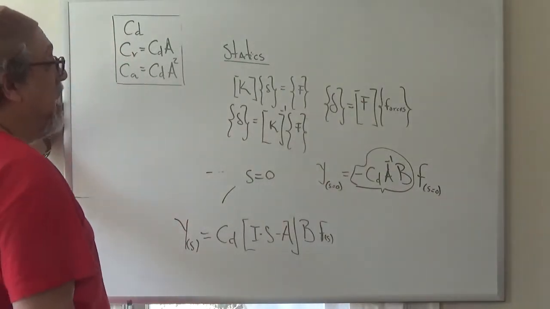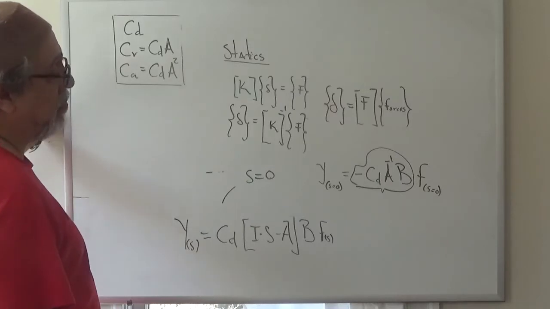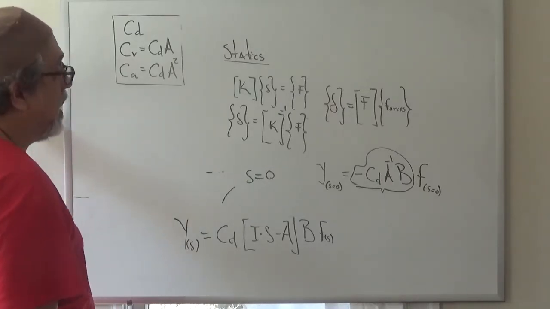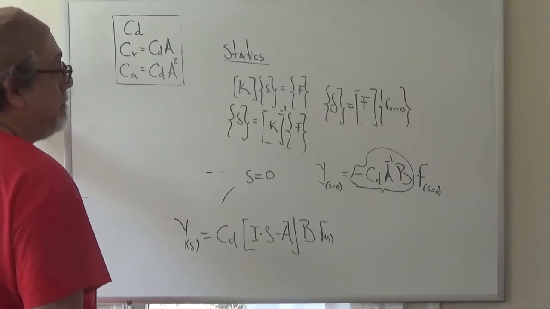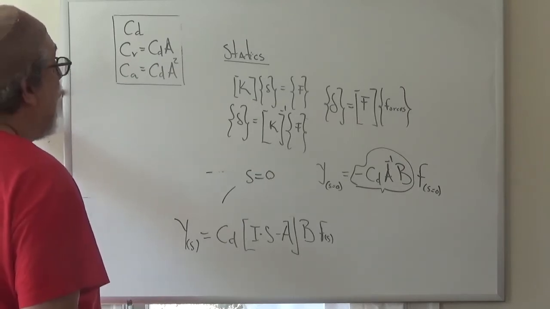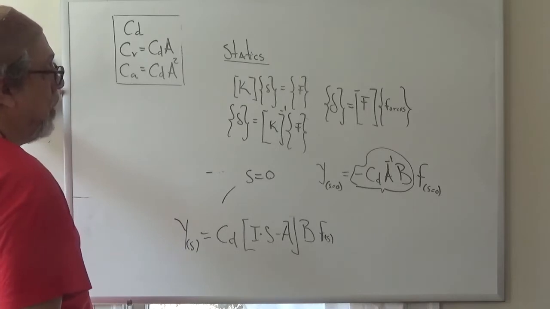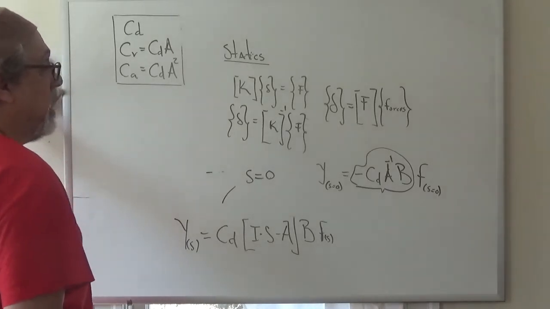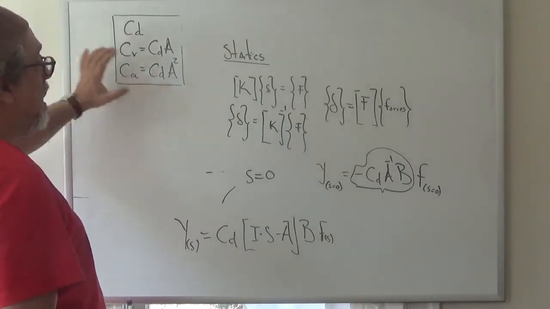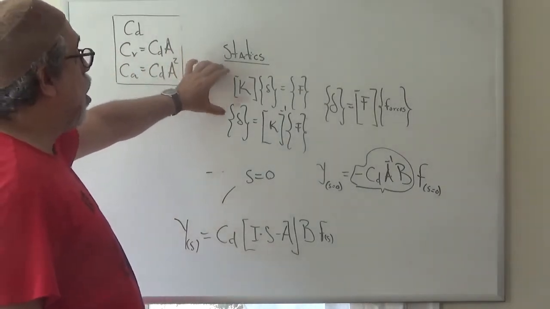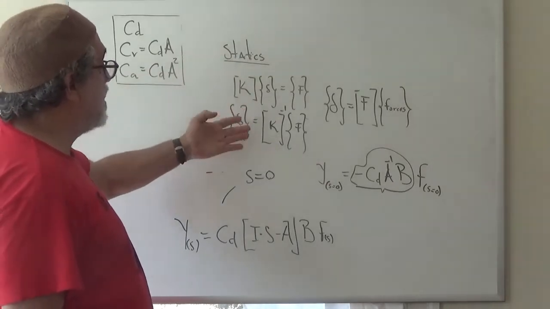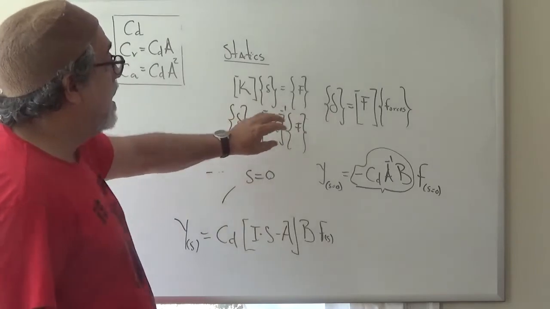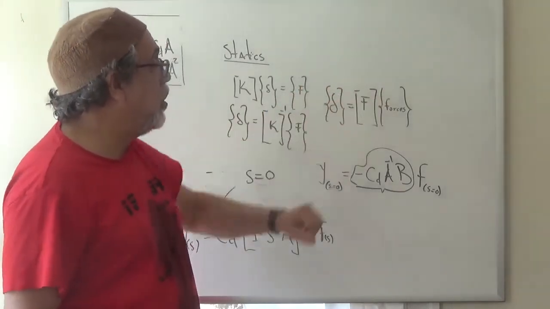If it were just that, then this would be very easy. But we will see that there is more to it, right? It's going to take a little bit longer. Why? What is the issue? Well, most importantly, the issue is that when I wrote this here, I'm talking about measuring all the coordinates, and therefore this is the complete stiffness for all the coordinates, and this is the complete flexibility with all the forces.